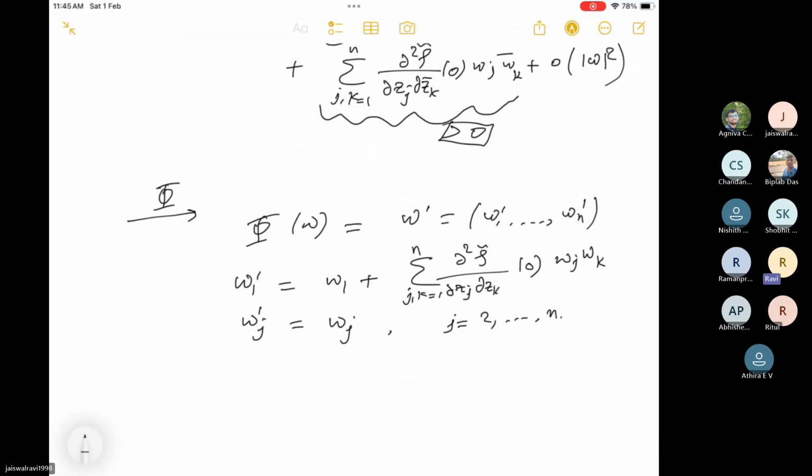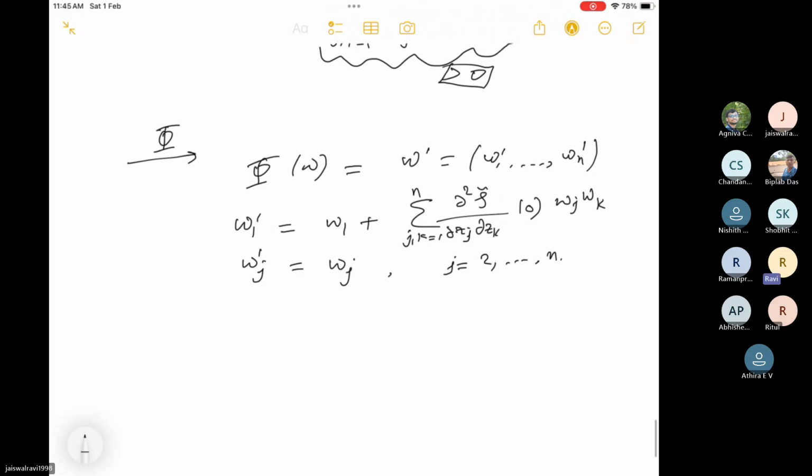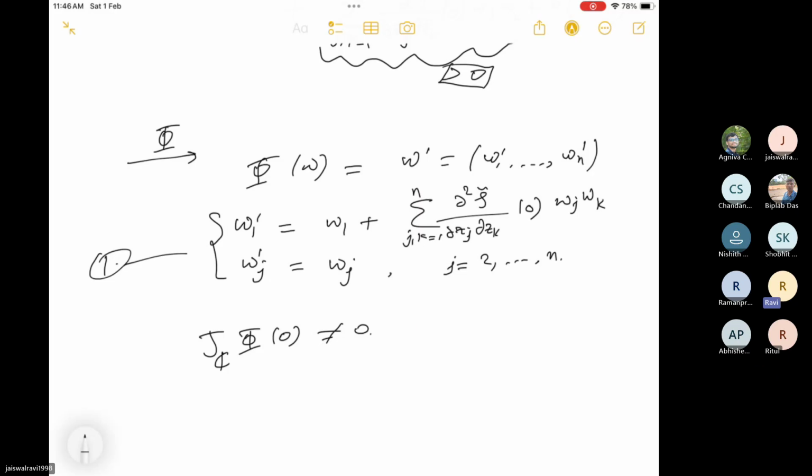Here it is not guaranteed that this phi is a biholomorphism, but if you take the Jacobian of this phi at 0, this is non-zero. You can check this because our function is simple. You can differentiate, and at 0 you will get just the identity map, so that means its determinant is non-zero.